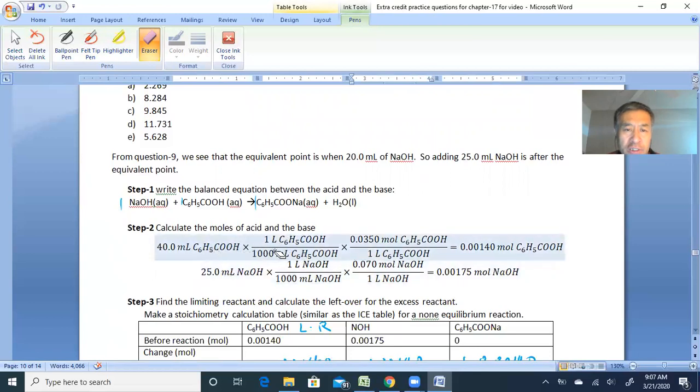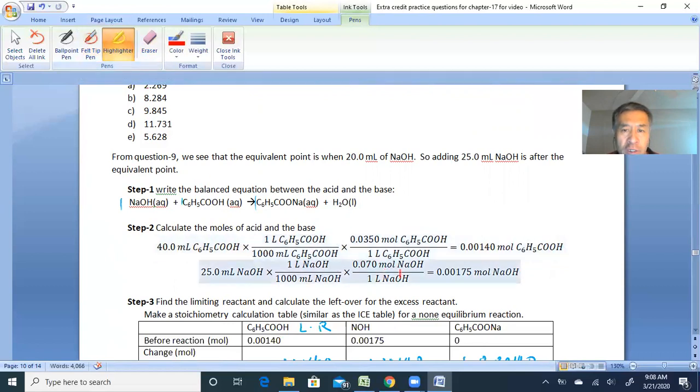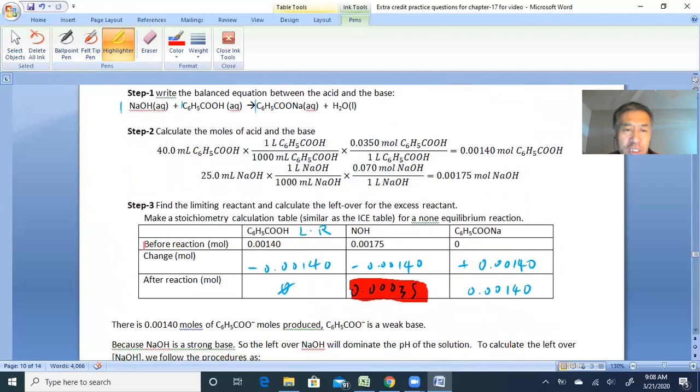For the acid, we start with the volume in ml of the acid, convert into L, then use the molarity to get moles of the acid. Then we see the volume of the base, convert from ml to L, use the molarity of the base, and get moles of the base. Then we summarize the information in this before, change, after table.